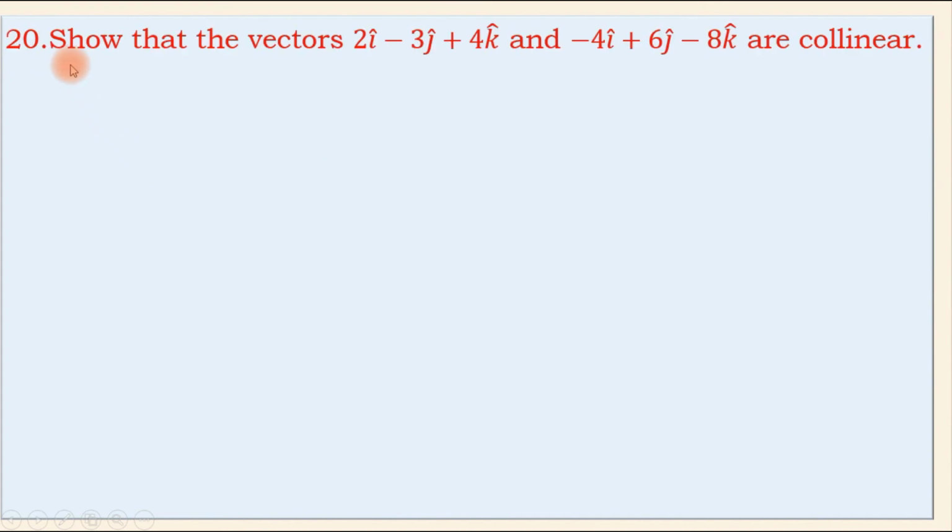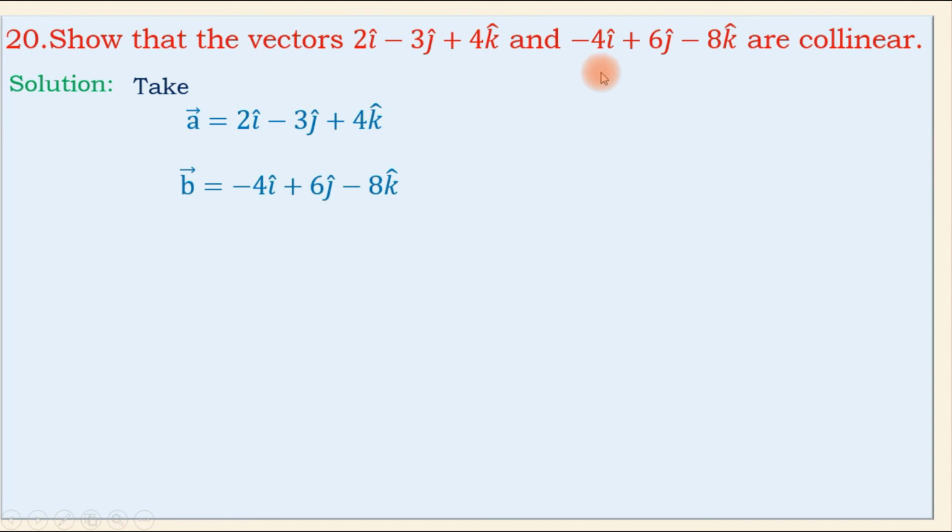Next, problem number 20. Show that the vectors 2i cap minus 3j cap plus 4k cap and minus 4i cap plus 6j cap minus 8k cap are collinear. So to show that these two vectors are collinear, take the given vectors. The first vector is a vector, 2i cap minus 3j cap plus 4k cap, and the second vector taken as b vector, that is minus 4i cap plus 6j cap minus 8k cap.